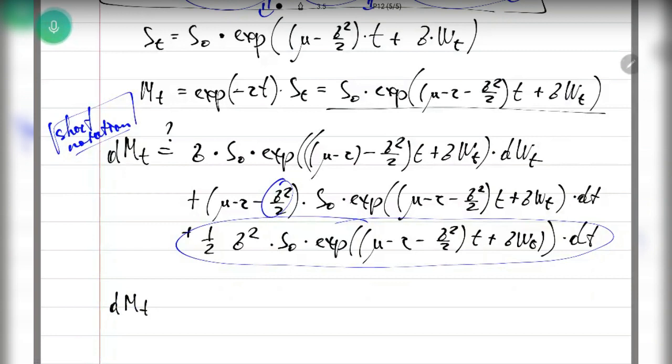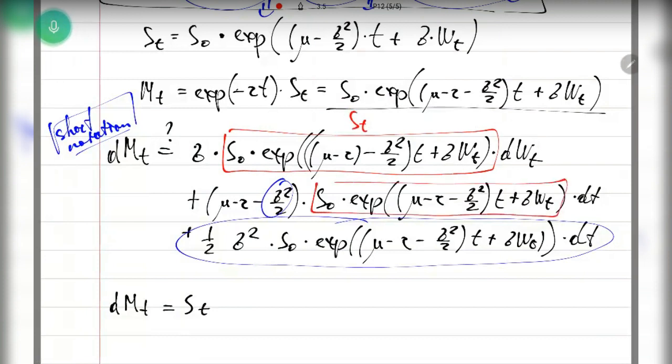It is just St times... so this is St, that is St, that is St. So let's take out sigma times St. What will we get inside the brackets?